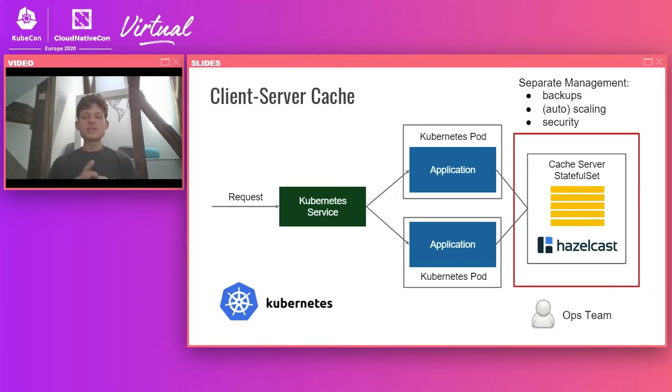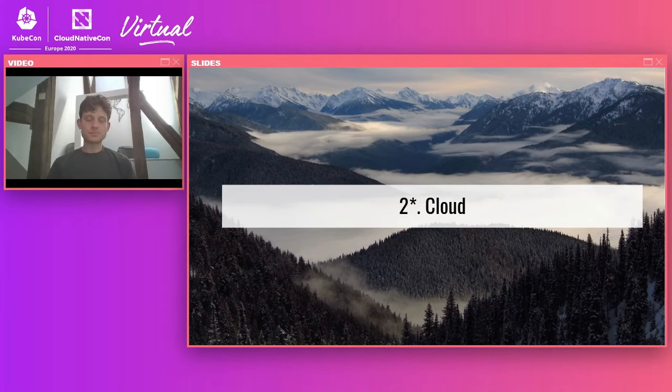And if it's already managed by a separate team, we can move one step further and put this part into the cloud. So cloud is still client server, but it's very specific. It's so specific that it can be considered as a separate caching pattern.